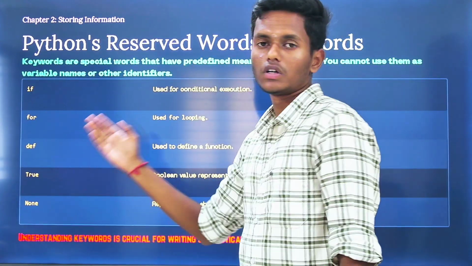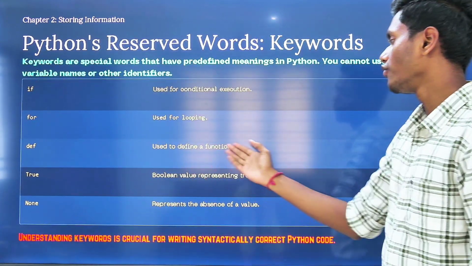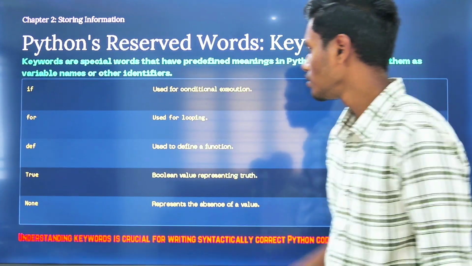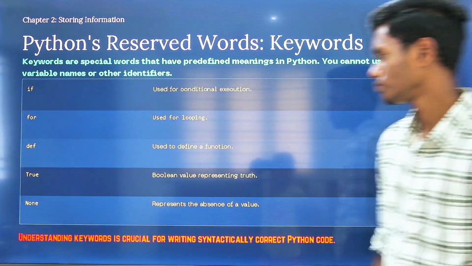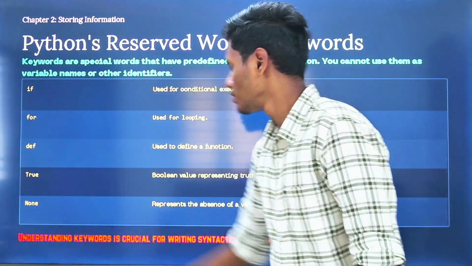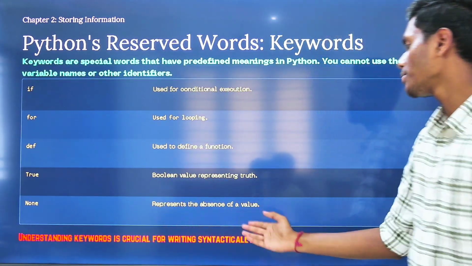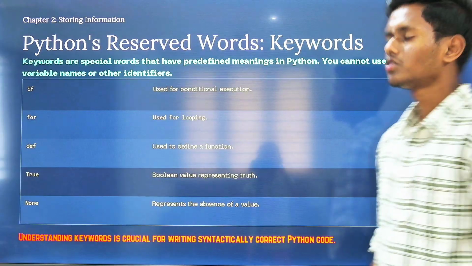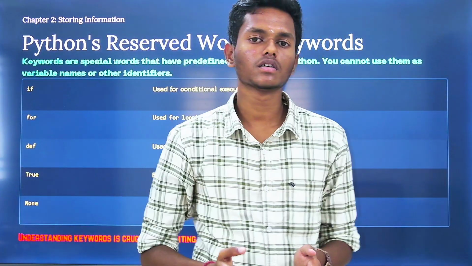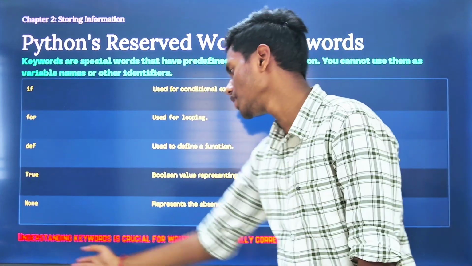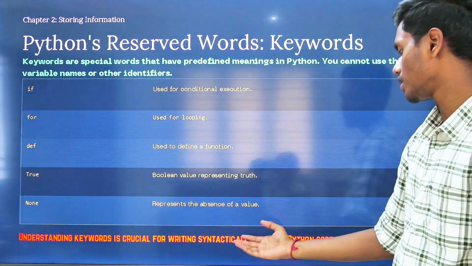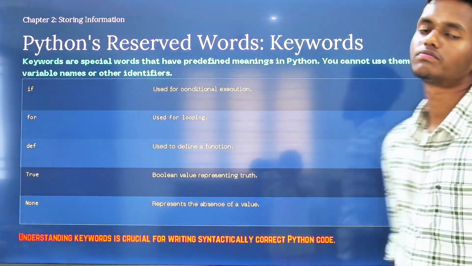Def is used to define a function definition. True is a boolean value representing truth. None represents the absence of a value. If you understand keywords better, then you can use them clearly in Python code. Understanding keywords is crucial for writing syntactically correct Python code.